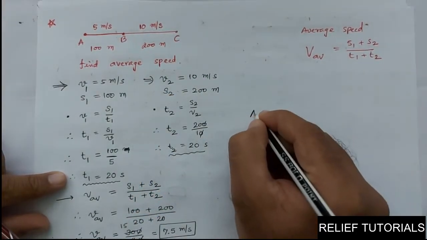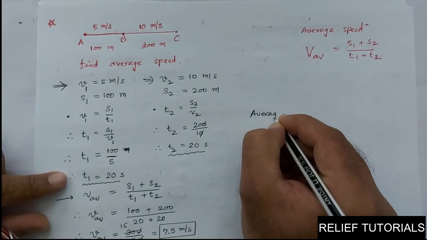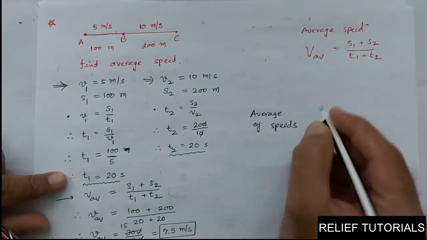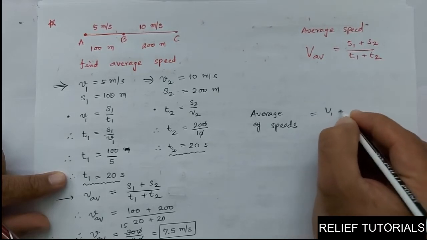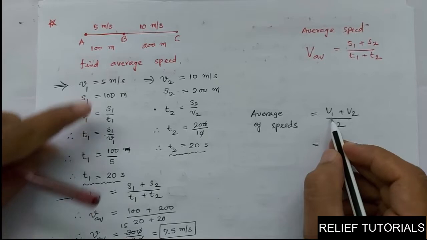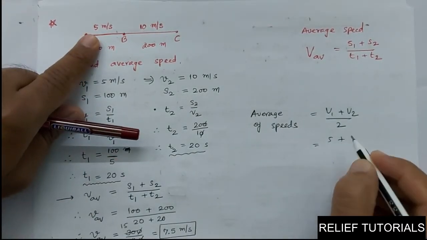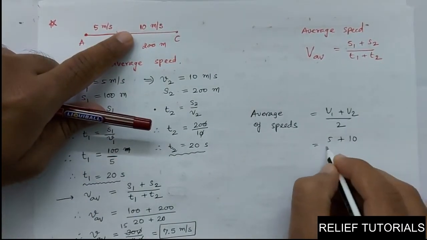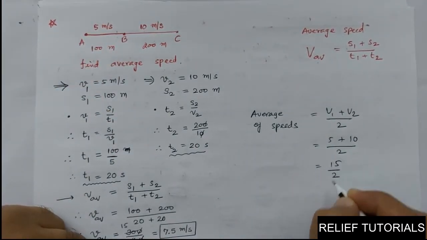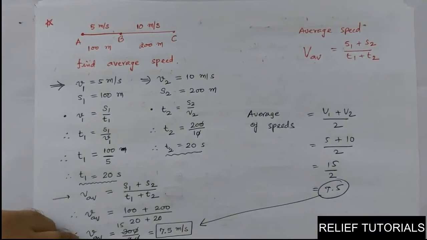So if you find the average of speeds, meaning V1 plus V2 by 2, what is V1? It is 5 plus V2, it is 10 upon 2. So 10 plus 5, 15. 15 upon 2 is 7.5. And look at the answer here. It is 7.5.